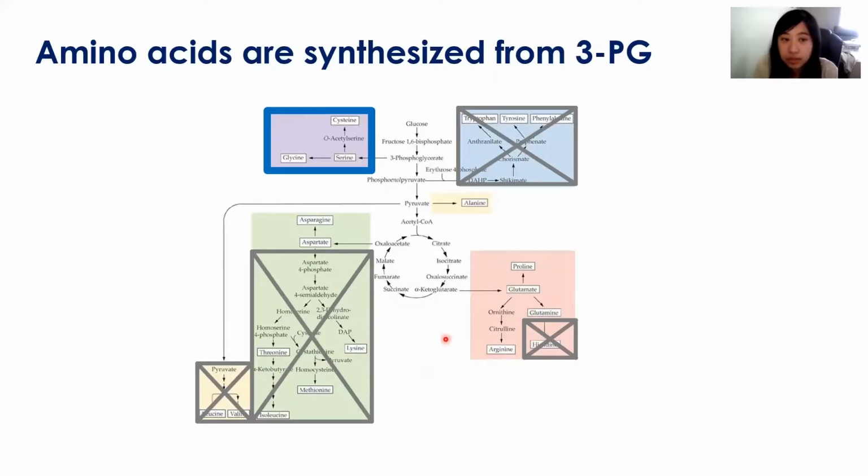Now we're going to go over the amino acids that are synthesized from 3-phosphoglycerate here.